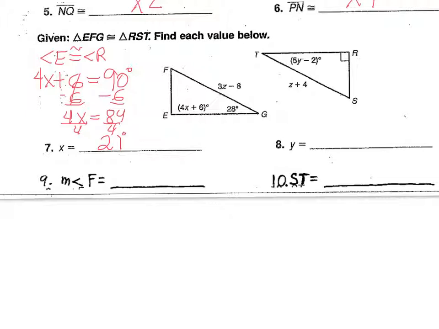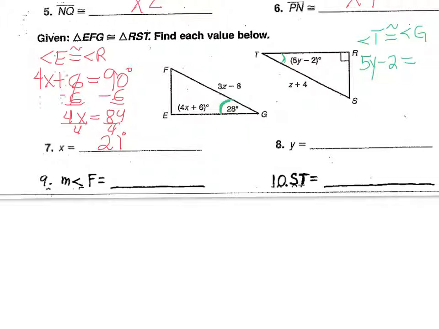Okay, now for y. I have to look at where the y is. Y, it's on angle T. See, T is the third letter, which is congruent to angle G. So angle T should be congruent to angle G. Angle T, it's 5y minus 2.